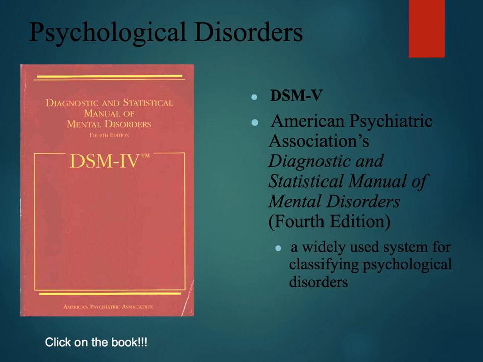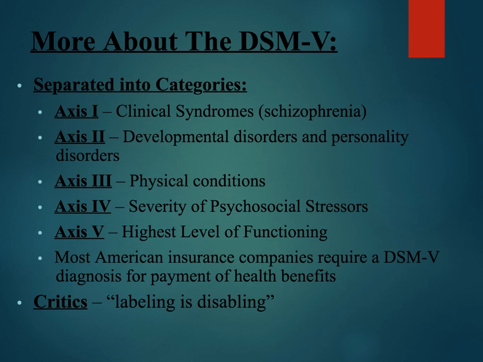So you might notice that it says DSM-4 here on the book, but it has been recently updated as of 2 years ago to the DSM-5. And again, this is a publication by the American Psychiatric Association, and is a widely used system for classifying psychological disorders. The DSM is comprised of 5 axes.